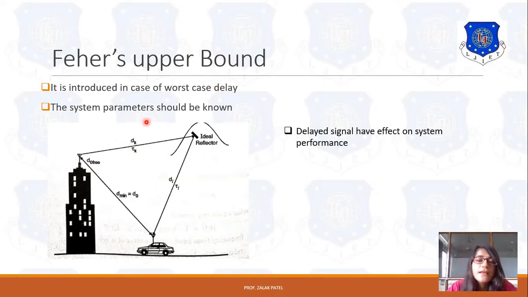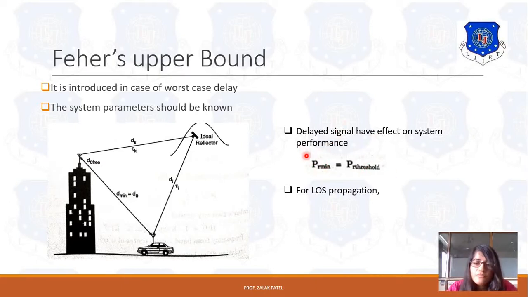Because of the delaying of signal, the system performance will degrade, and if the system performance degrades, then received power will also become more and more negative, or we can say that received power becomes less at every time interval. So here PR minimum means the minimum required receive power should be equal to the threshold power.